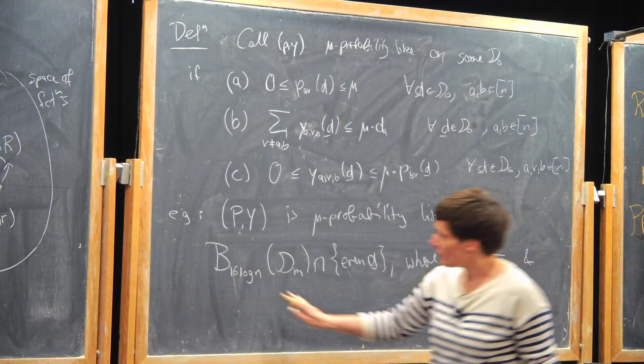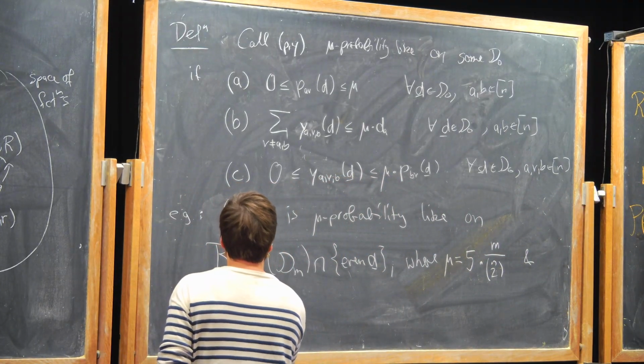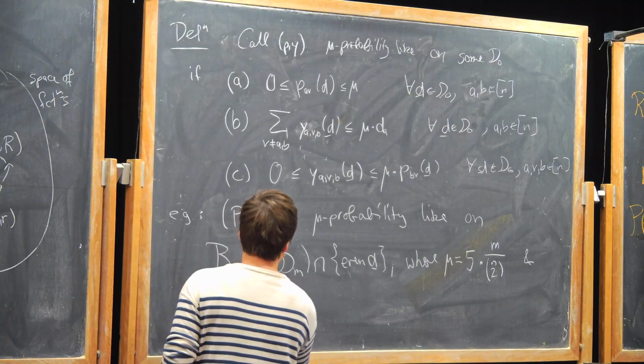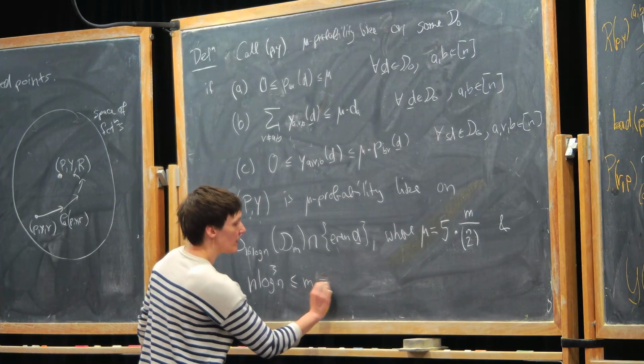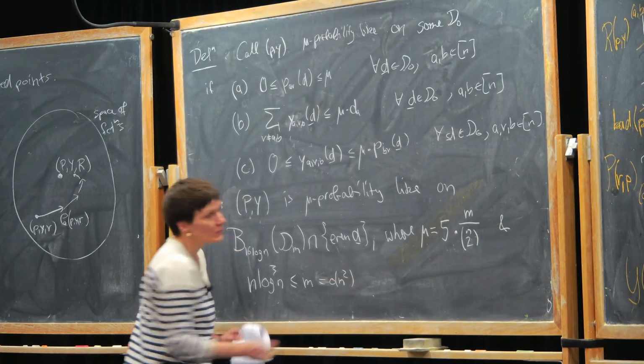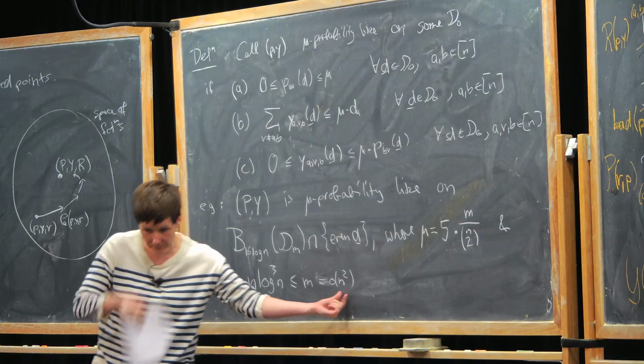And what you need to assume for this is something like n log n cubed, say, is at most m, which is little o of n squared.